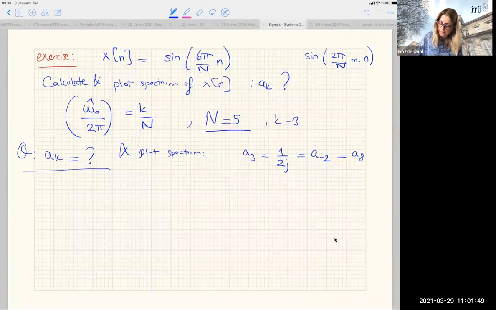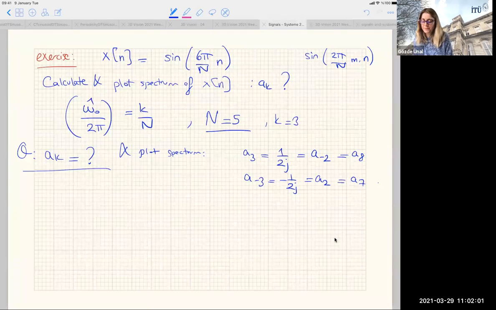And I know a_minus 3 is minus 1 over 2j for a sine. Now you just have to go to the plus 5, a_2, a_7, etc. Please plot the spectrum also, okay? I already gave most of the answer, but you can solve this on your own as an exercise.